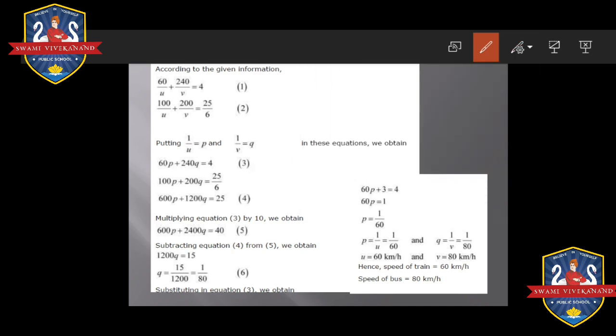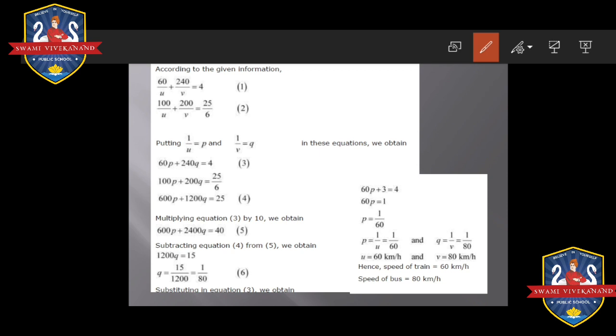Now move to our question. If a person travels 60 km by train, then how much time does it take? 60 km is the distance and u is the speed. Distance upon speed is equal to time.